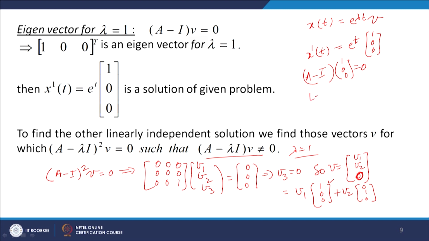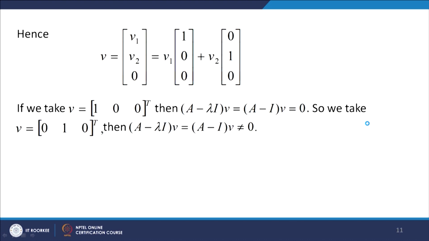So, let us take the solution of (A minus lambda I) whole square B equal to 0 such that (A minus lambda I) B is not equal to 0 as (0 1 0). This is what I have written: B is a linear combination of these two vectors, and if we take (1 0 0) transpose, then (A minus lambda I) B equal to 0.